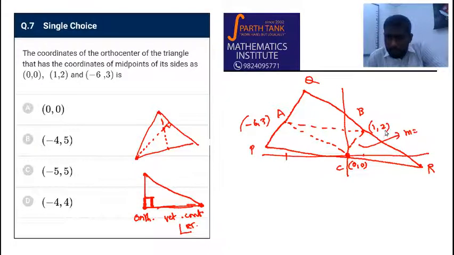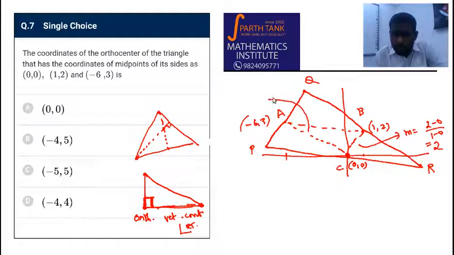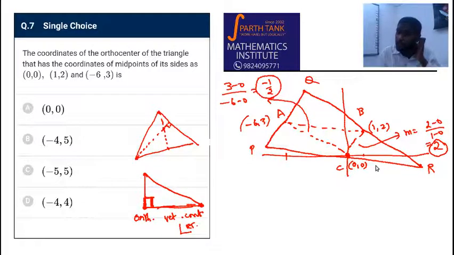The slope is 2 minus 1 by 2 minus 0 by 1 minus 0, which is 2. And what will be the slope of this line? The slope of this line is going to be 3 minus 0 by minus 6 minus 0, which is minus 1 by 2. So you see the slope of this line and the slope of this line, the product is minus 1. So they are perpendicular.